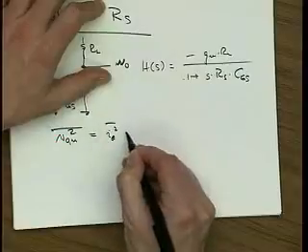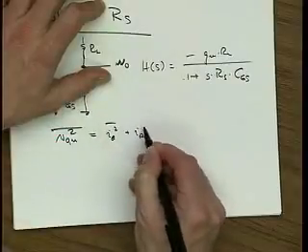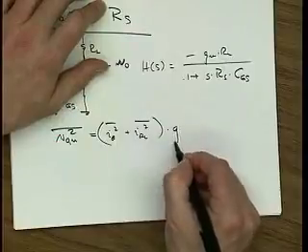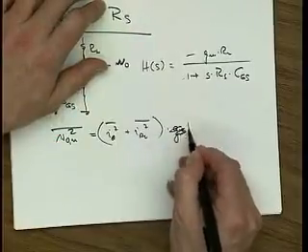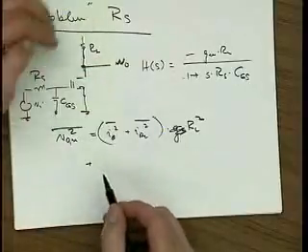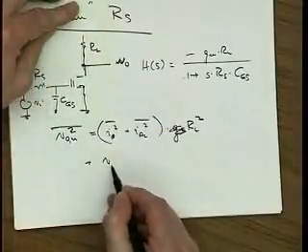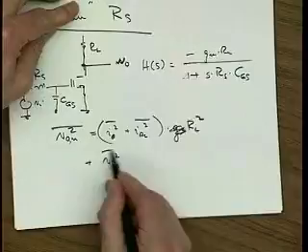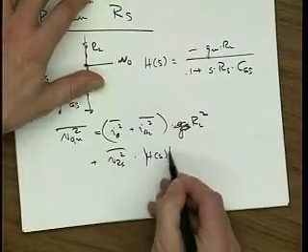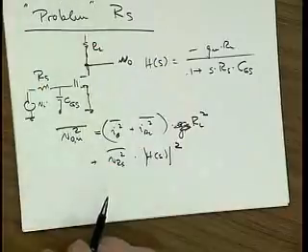The output noise is ID square plus IRL square times GM times RL square, right, at the output. And then the noise from RS is V RS squared times H of S squared.